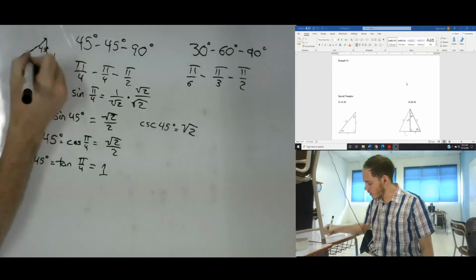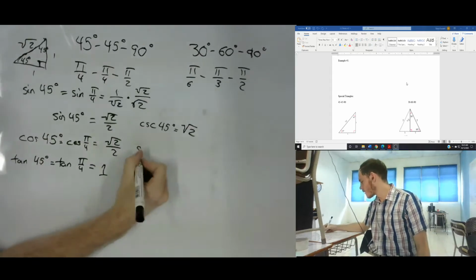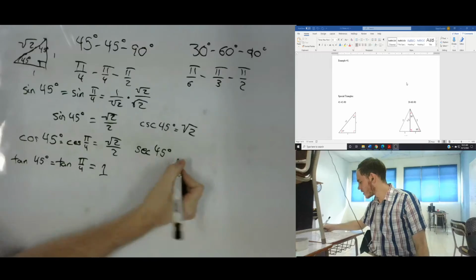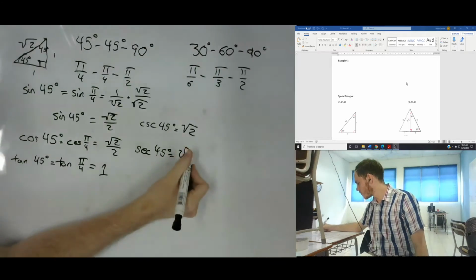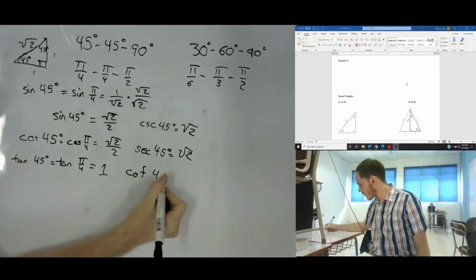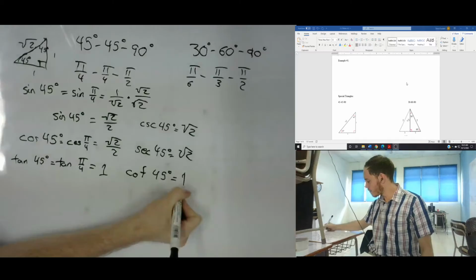This is 1, 1, root 2. So root 2 divided by 1 is root 2. Secant of 45 degrees is also root 2. And cotangent of 45 degrees is going to be 1.